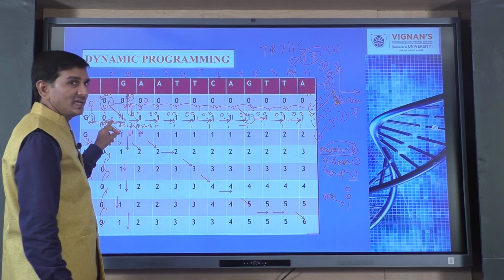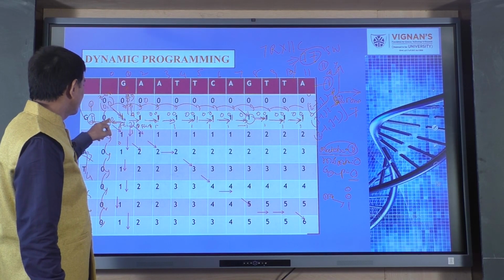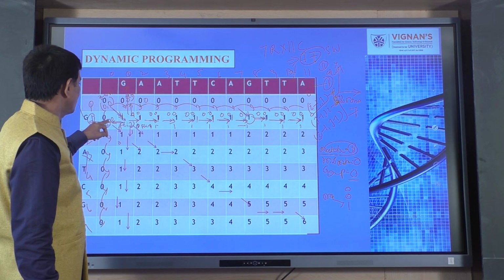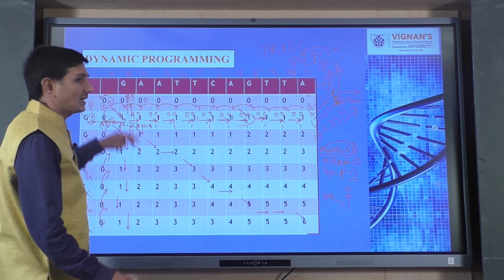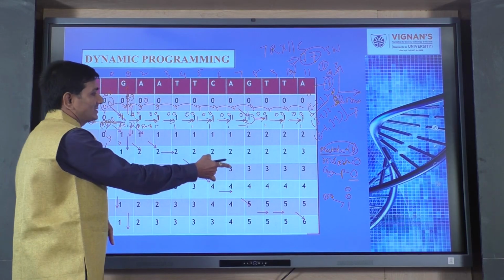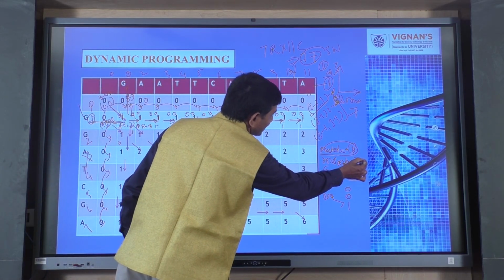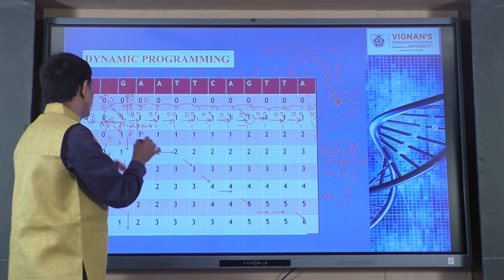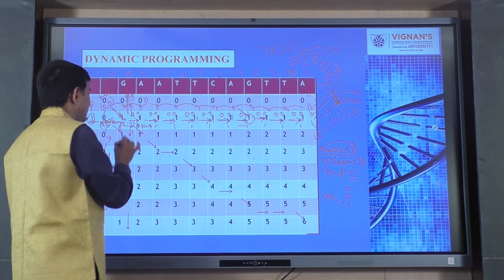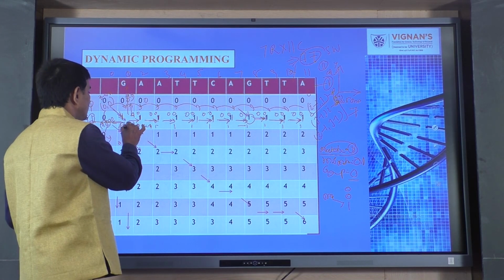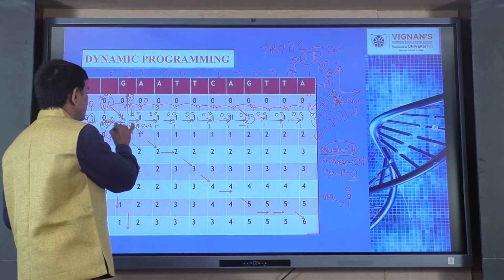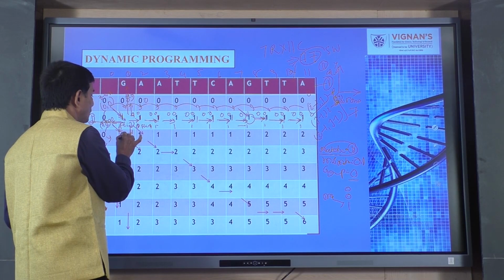With respect to change in both row and column, the value in I minus 1 comma j minus 1 is 0. Coming to this, row coordinate is G, column coordinate is G. So, it is a match, the value assigned for match is 1. So, it is 1. Here for this particular cell, the maximum value of 1 is obtained in two directions, that is change in row as well as both change in row and column.